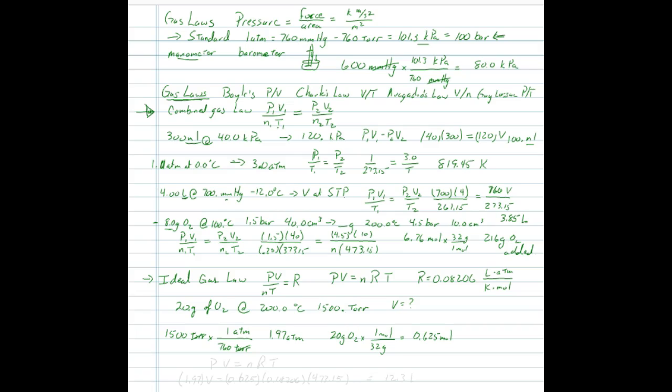Plug the numbers into PV equals nRT. Pressure, 1.97. Volume is what we're searching for. Number of moles, 0.625. Value of R, 0.08206.